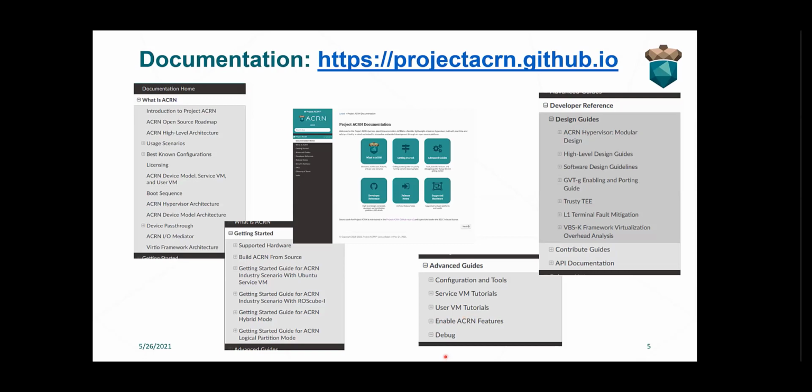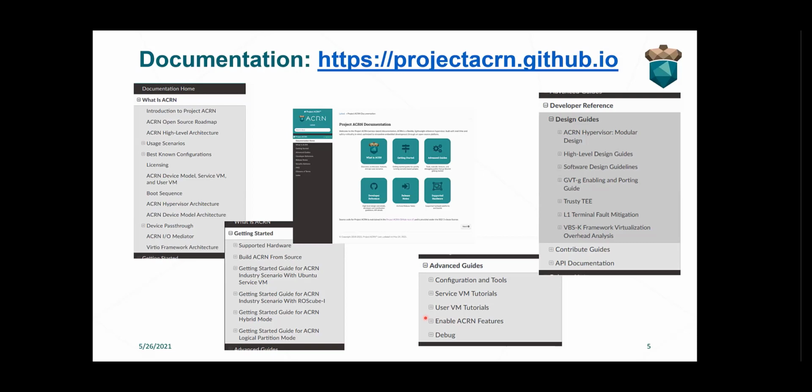The final section is debug, where we document some of the tools and techniques that you can use to debug problems with Acorn. And there are really very, very different debug techniques based on what the problem is. So if it's a boot issue, then you really need to be debugging the hypervisor itself, which is probably the most complex piece to debug.